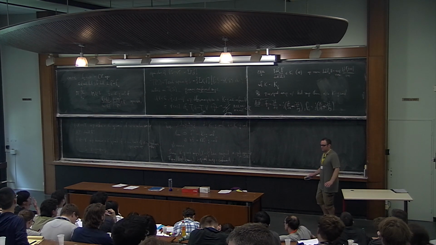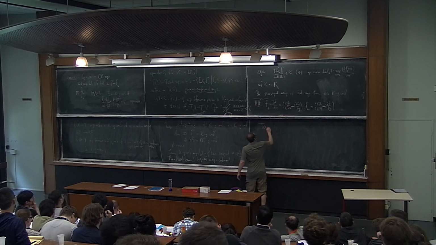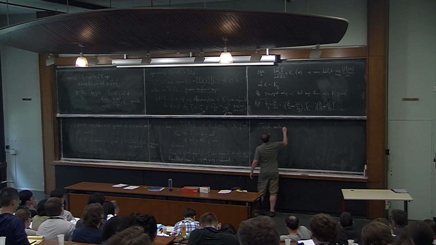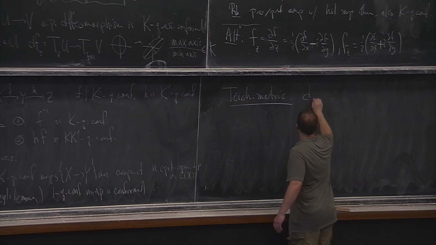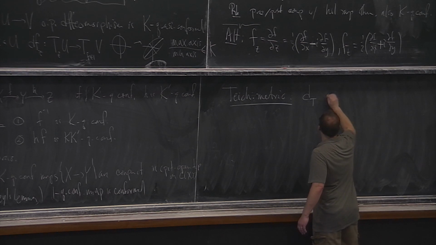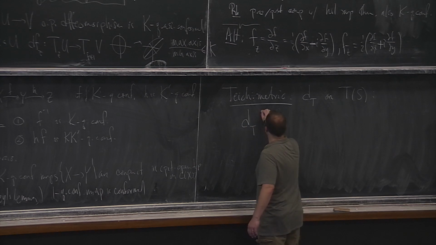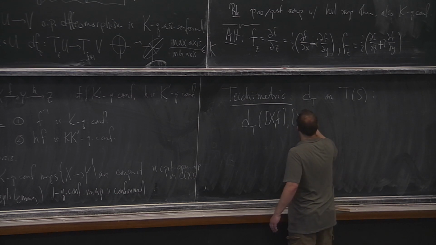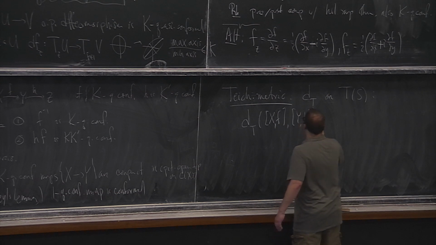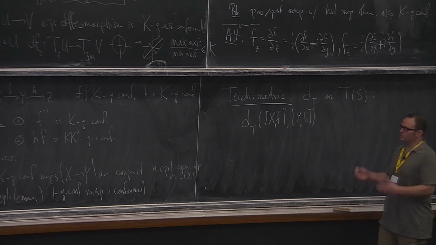All right, let's define the Teichmuller metric. Call it d sub T. It's a metric on Teichmuller space. So what is the distance between these two equivalence classes of Riemann surface structures on S? I want to measure how different those are.